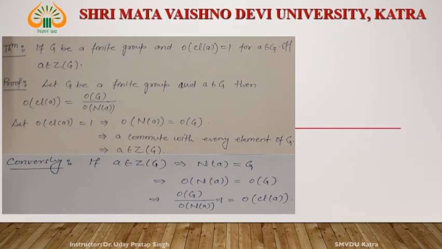Now see, if G is a finite group, the order of the conjugate class of any element A is 1 if and only if A belongs to ZG.